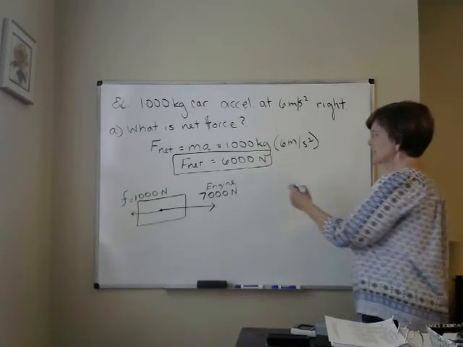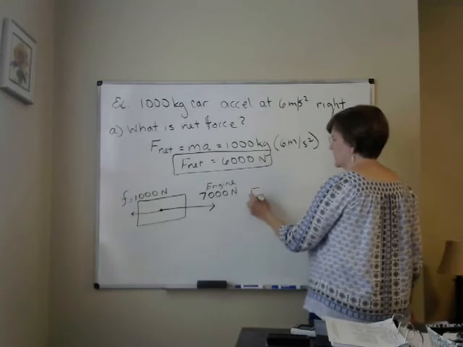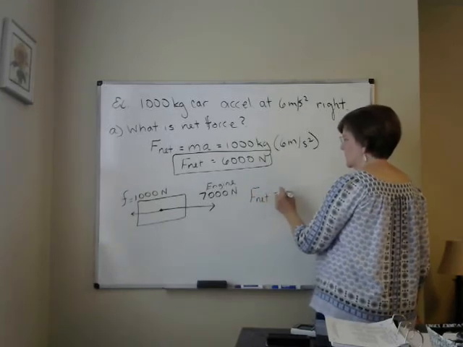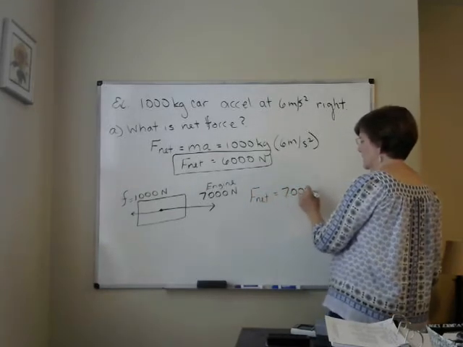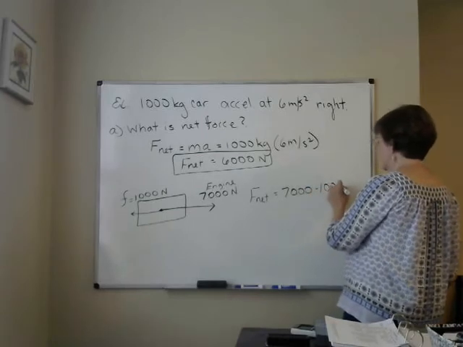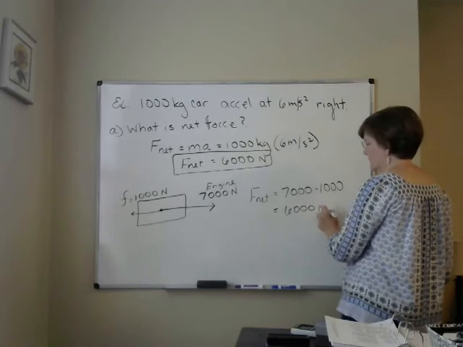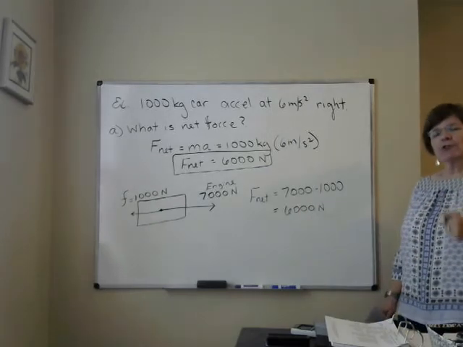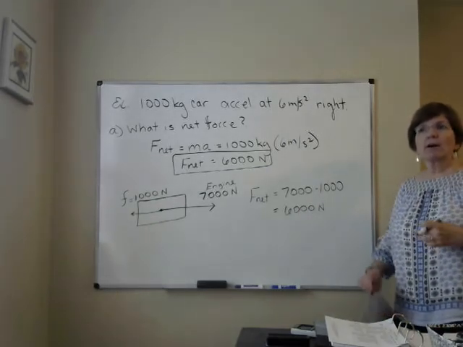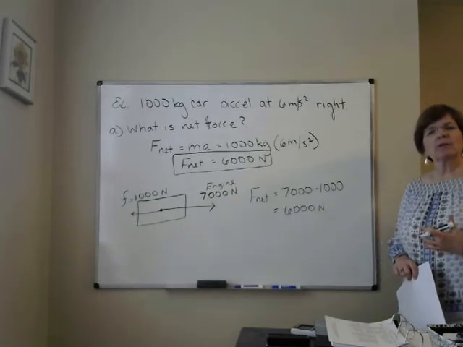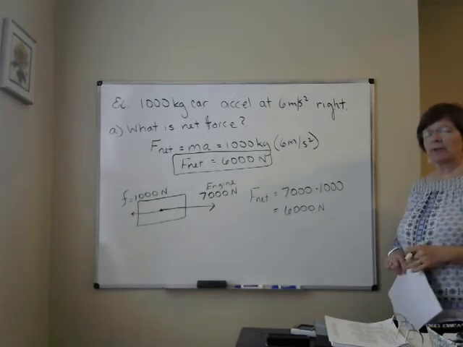But that's it. So you end up with a net force of 7,000 minus 1,000 equals 6,000 newtons. Remember, friction almost always causes that net force to be smaller because most of the time it's working against something else.